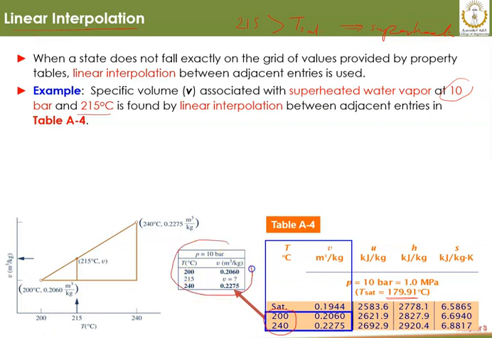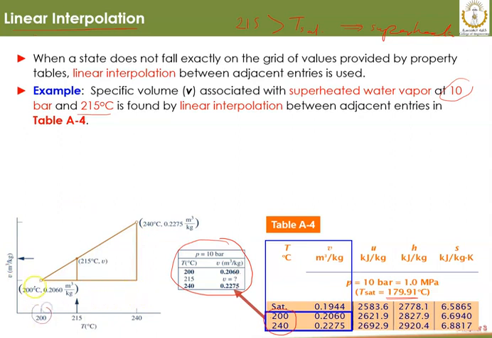It is good to write this down. So 215 is between 200 and 240, and these are the two values of the specific volume corresponding to 200 and 240. Then we use linear interpolation, and I always like to draw this because it makes everything clear.